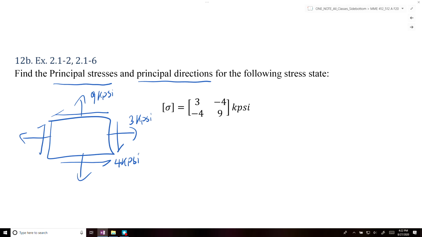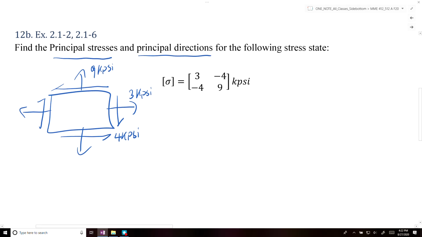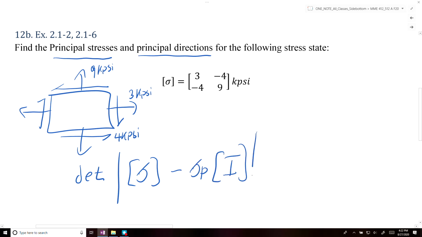In order to find the principal stresses, we can find the determinant of our stress element minus sigma p times the identity matrix.